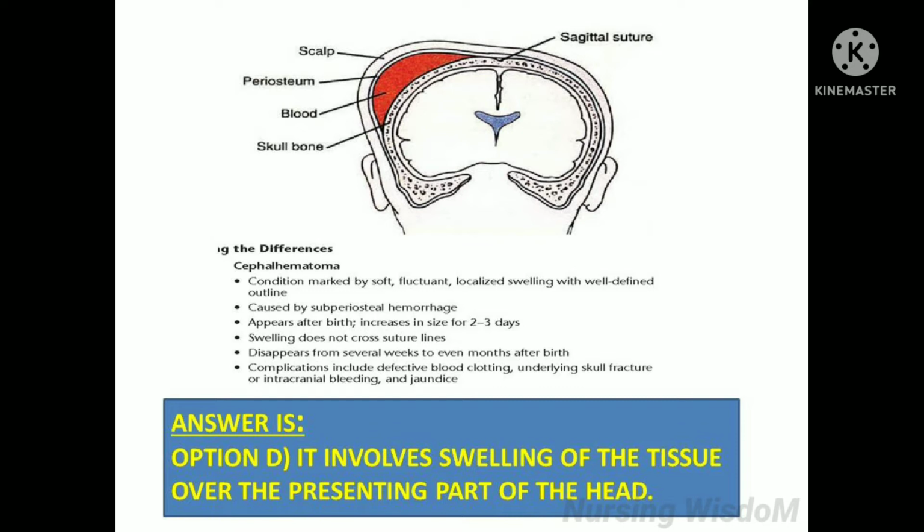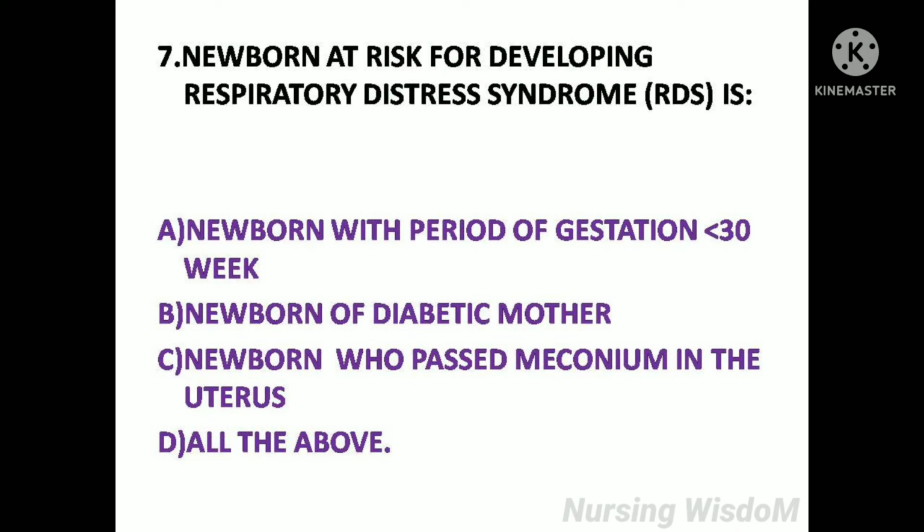Complications include defective blood clotting, underlying skull fracture or intracranial bleeding, and jaundice. So here option D is the incorrect statement. Remaining all the statements are correct. So here the answer is option D, it involves swelling of the tissue over the presenting part of the head. Next question.